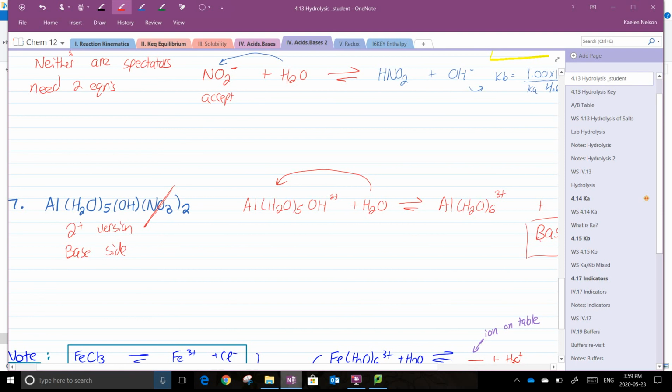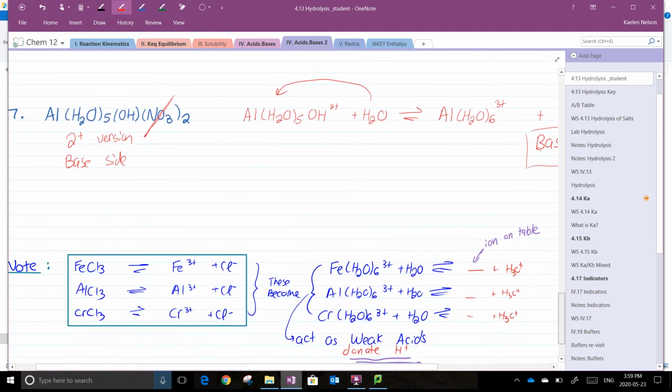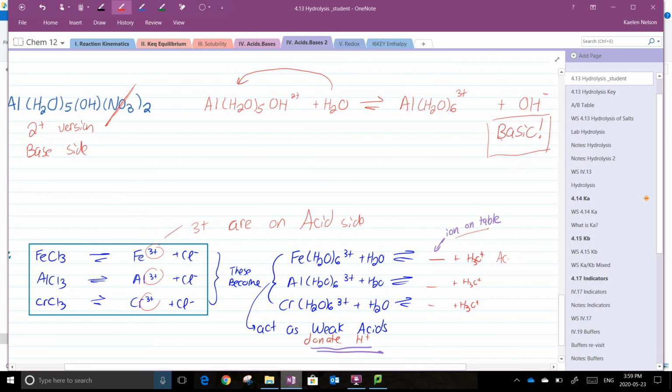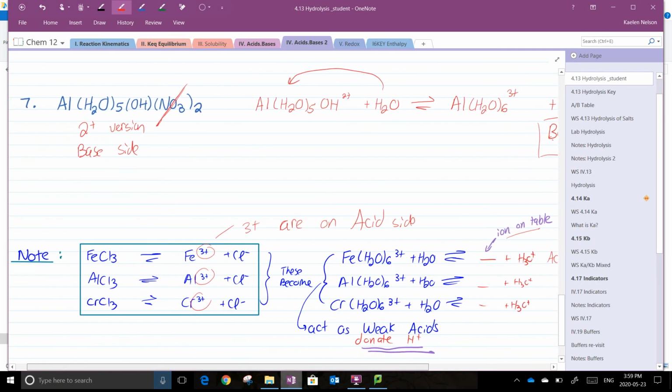And the 3 plus, I've put a little note over here about the 3 pluses. The 3 plus versions are on the acid side. So in that case, your ion on the table, they're all going to be acidic. And if you get one like example 7, where it's the 2 plus, they're all going to be basic. Okay, and now you have enough to start worksheet 4.13 on hydrolysis of salts.